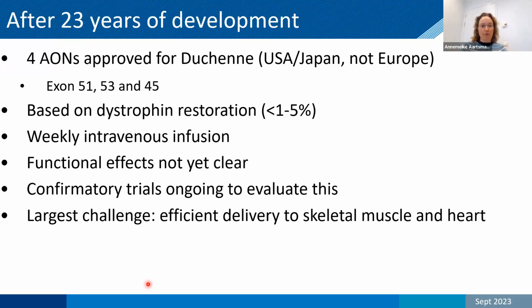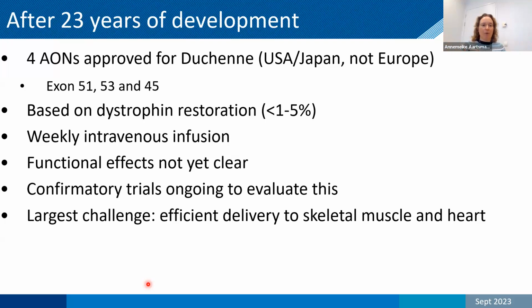So the first of these 4 drugs was approved in 2016, so more than 7 years ago, and still we do not know whether it slows down disease progression. And there's confirmatory studies ongoing now to evaluate this. And we can have a large discussion about this, but the bottom line is, why is it so inefficient?